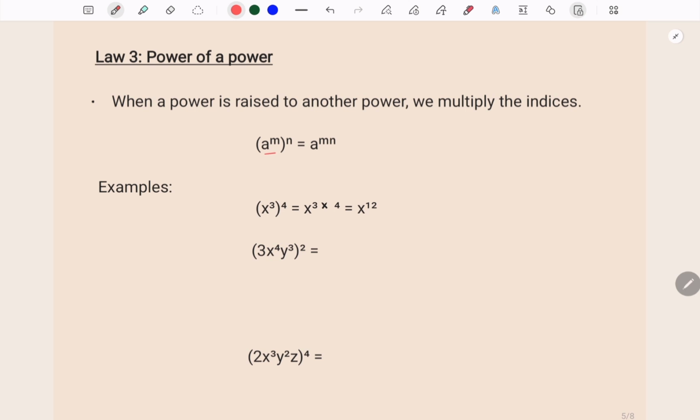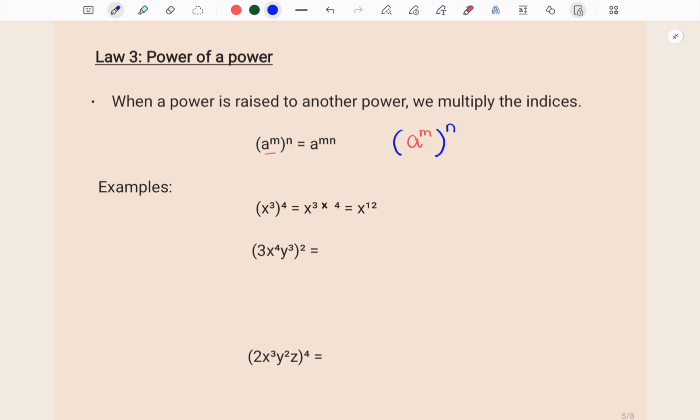Let me write it again for you. A raised to the power m. Here a is our base and m is the power, right? Now again, what I am doing here is that I am raising a power of n to a raised to the power m. Okay, so that is the definition of power of a power.